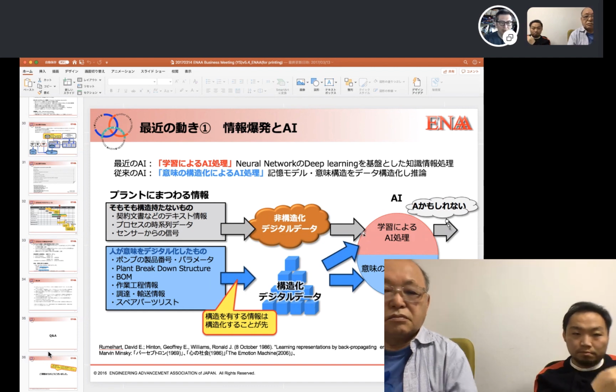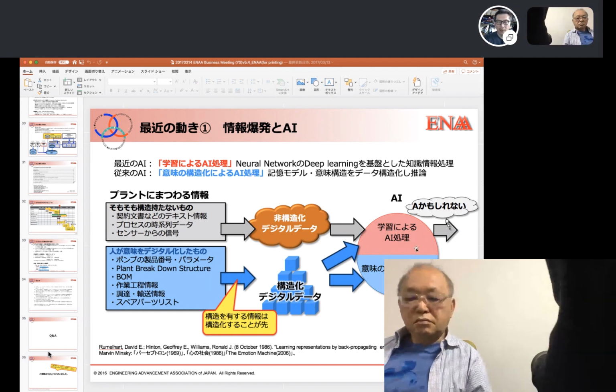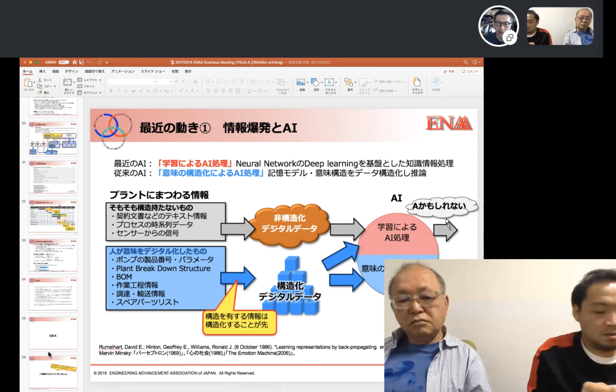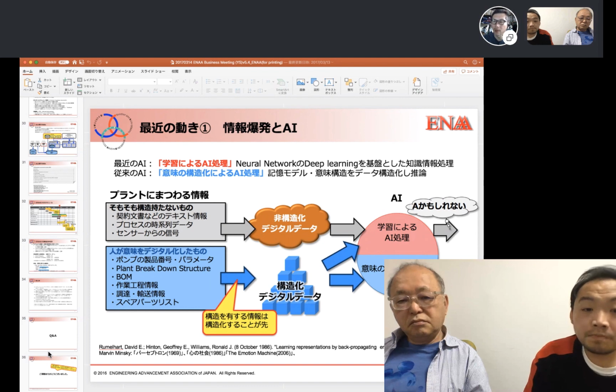We have to use the two types of AI depending on the situation or the case. That is the bottom line of today's presentation.